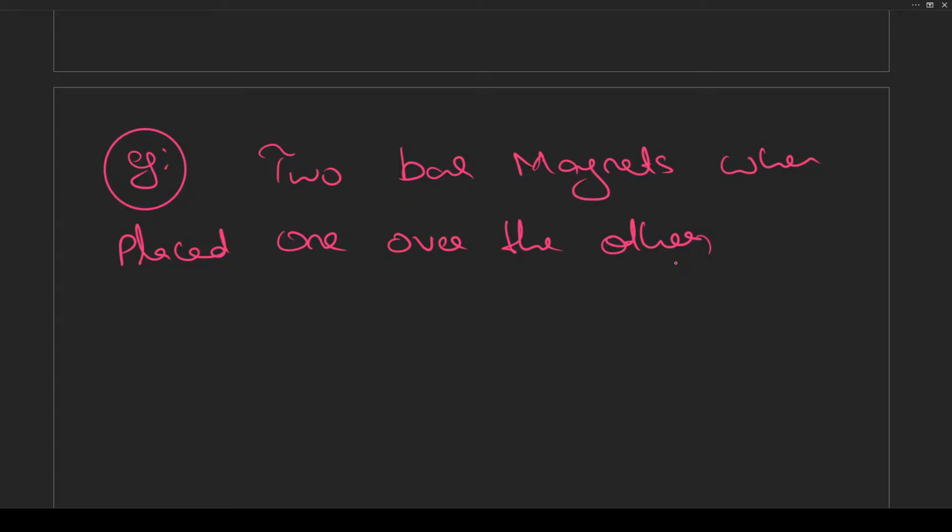I believe there is no time period of suspended magnet in the uniform magnetic field in the current syllabus of NEET. The question is about two bar magnets when placed one over the other. The combination takes 3 seconds for one vibration in a uniform magnetic field. If one magnet is reversed, the combination takes 4 seconds for one vibration. Find the ratio of their magnetic moments.